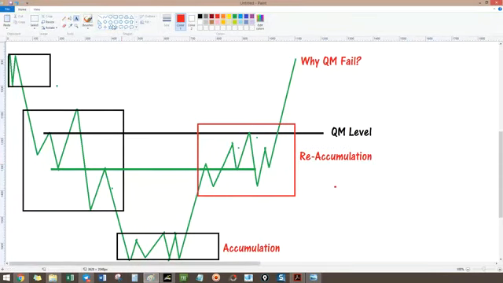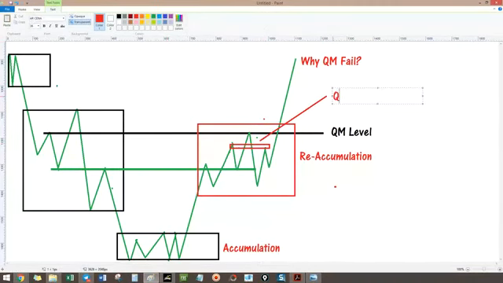Okay, some people will sell here, and pattern for sell, put price action.